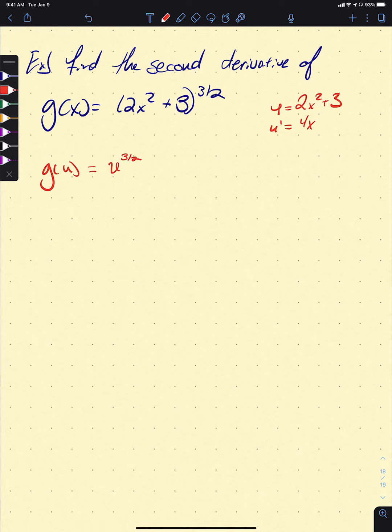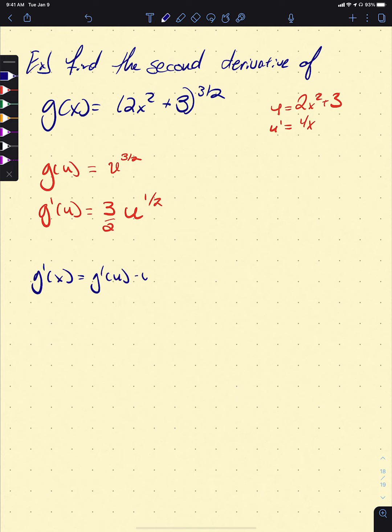And then g prime of u is going to be 3/2 u to the 1/2, okay? And then that means that g prime of x is g prime of u times u prime, right?